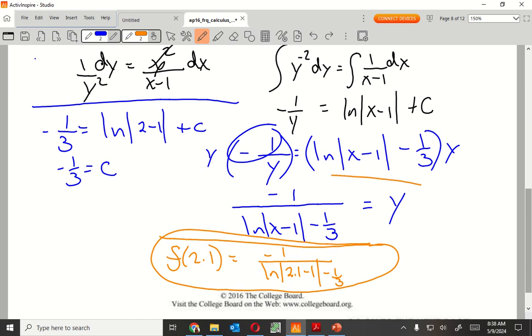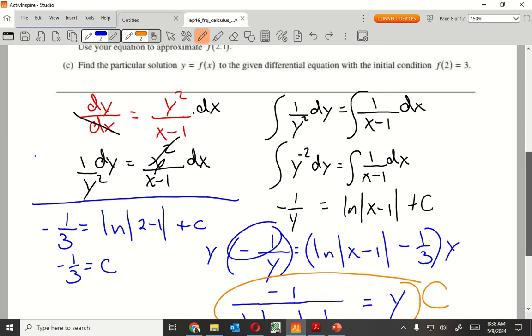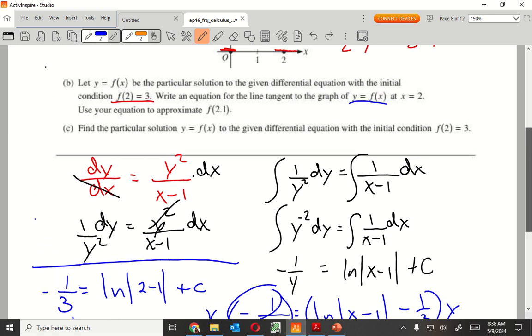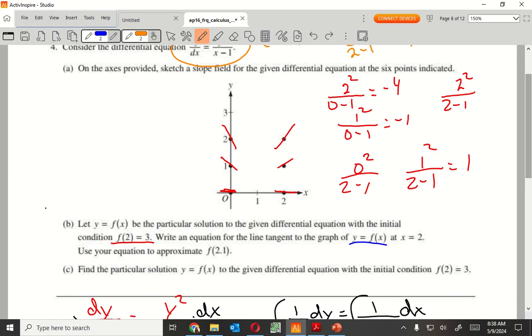This one right here is part C. This one right here is my part B. And Part C is like the y equals, and part A, this is all part A. My bad, I'm sorry, I did it out of order.